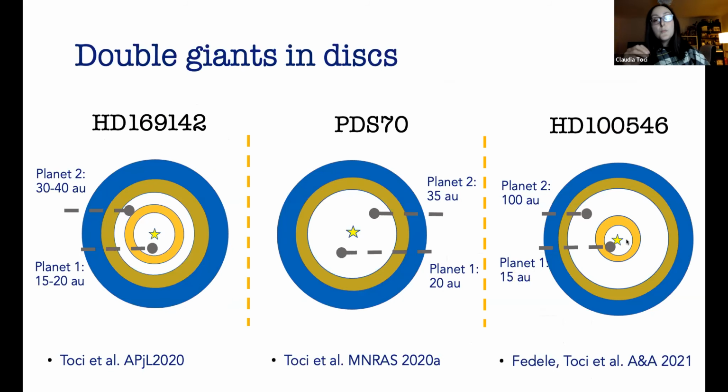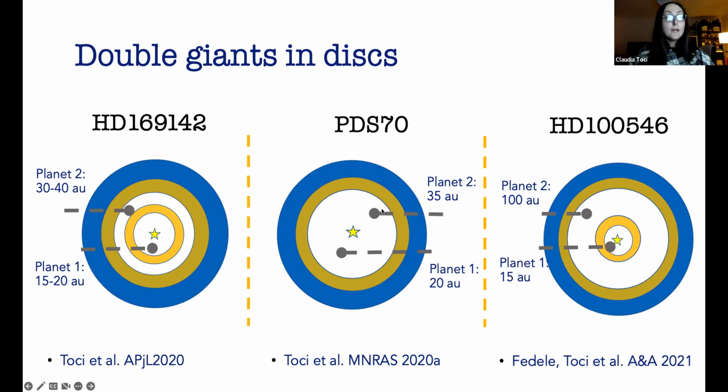So I focus mainly on 3 sources, and I chose them because they may have the presence of double giants. Specifically, here I did a sketch to show the situation of the 3 sources. So the 2 giant planets may preserve a ring in between them, like in the case of HD 169142 and HD 100546, while in the case of PDS 70, there's a very wide and open cavity.